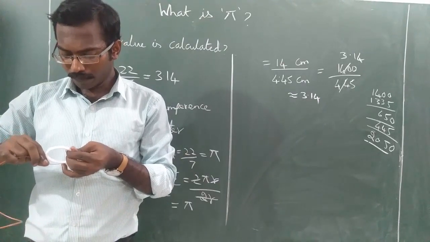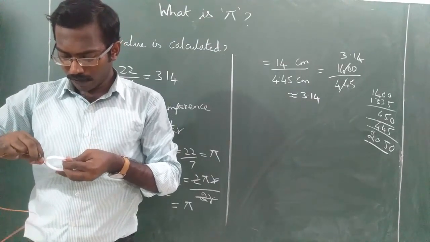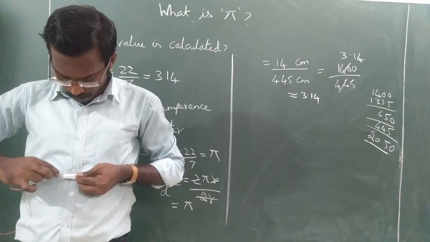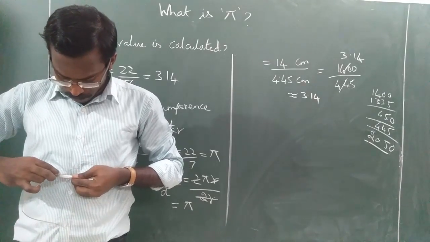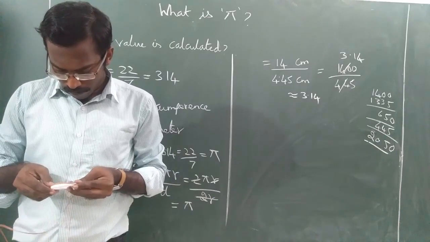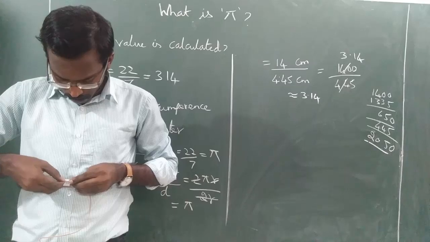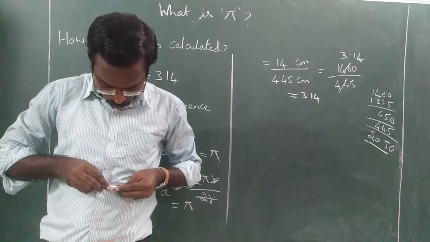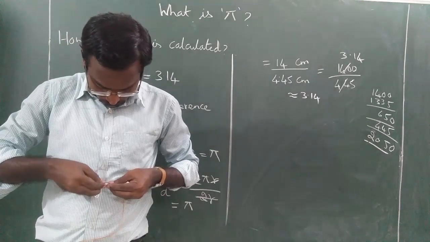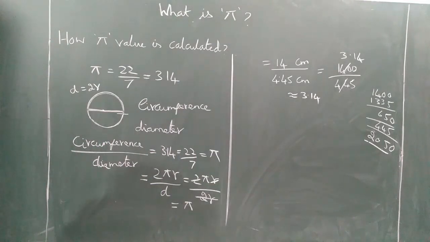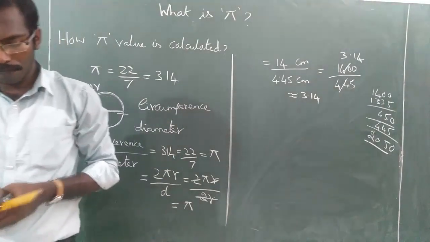Circumference of this bangle. It will be approximate only. I am just measuring the outer surface. So here it is. I am going to measure it. So how much will this be?